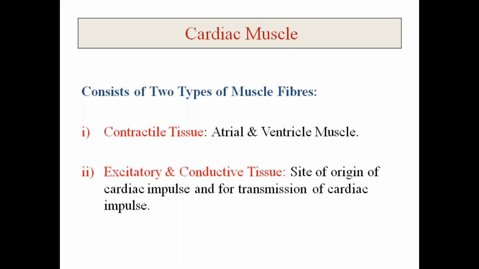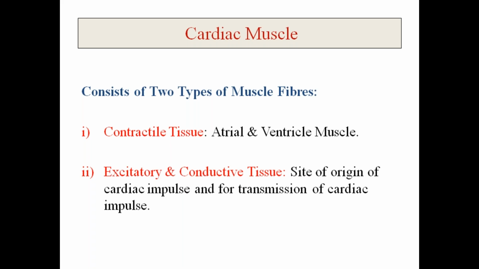That means you can't control the rate at which your heart beats. The contraction of the heart is not under your control. Your heart starts beating from the day of your birth till your death. So from cradle to grave, your heart keeps on beating, and that is making you live.